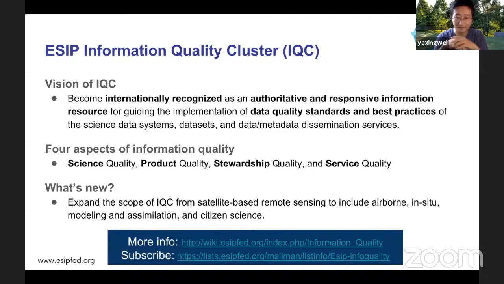And here on the screen, you see the URL to the ECIP IQC wiki page. Feel free to check our wiki page to find additional information like the recent activities, and sometimes we post links to useful resources regarding information quality for science. So it's a nice place to check.